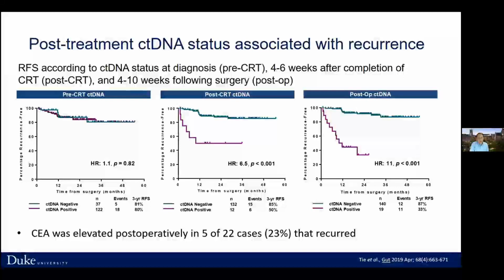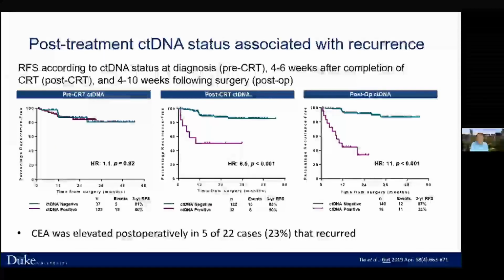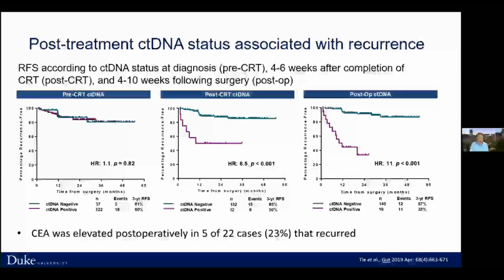We don't know the optimal time points at which those should be drawn. The data out of ASCO GI suggests that you don't need to wait all the way to 4 weeks to draw that first blood, that you can do the first one at 2 weeks and then maybe another one at 8 weeks, because you need the results back quick enough so that you can actually incorporate it into your decision making. If you do 4 weeks and 12 weeks, I think a 12-week time point is maybe late to wait for that second blood draw. Yeah.